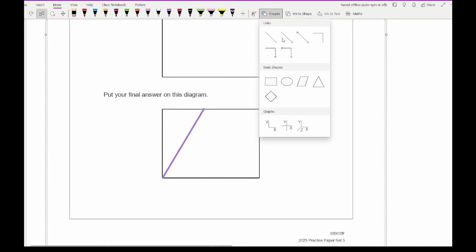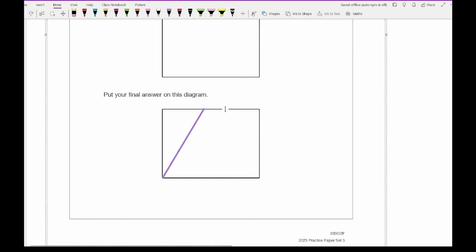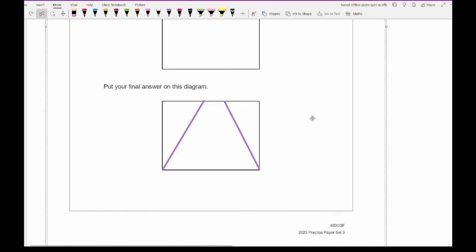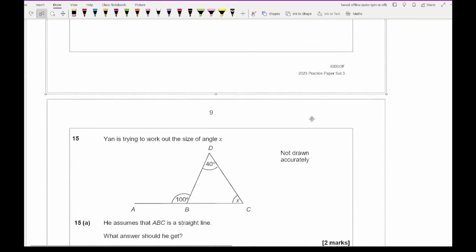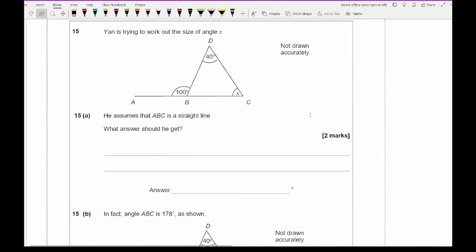So hopefully you know what each of those shapes look like. And like I said, there are loads of different ways you can do it. I'm probably just going for the one that's most common, and obviously different rotations, different reflections could give you the same answer.